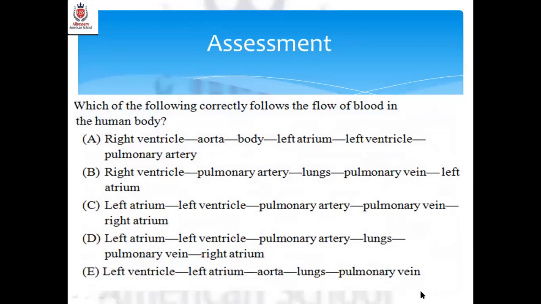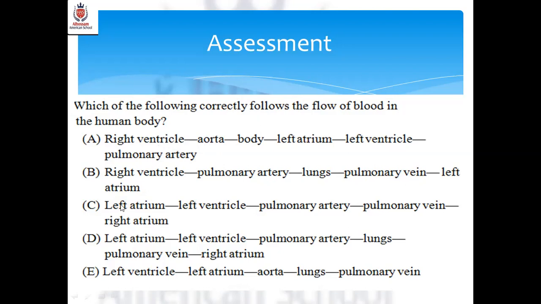Let's think about this. Who can tell me the right answer in this? Okay, if we think about this, right ventricle to aorta, this is wrong, because the right ventricle is not attached to the aorta, it's the left ventricle.